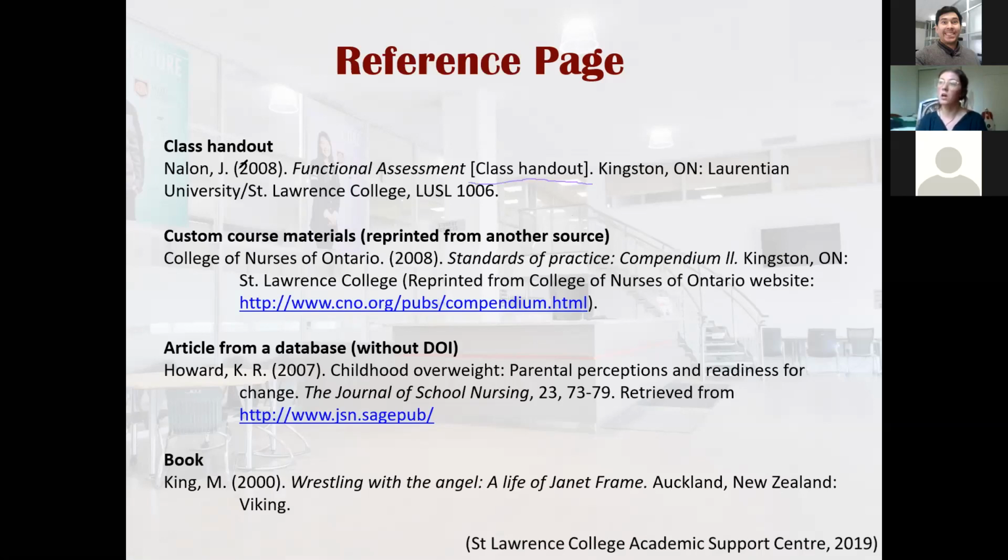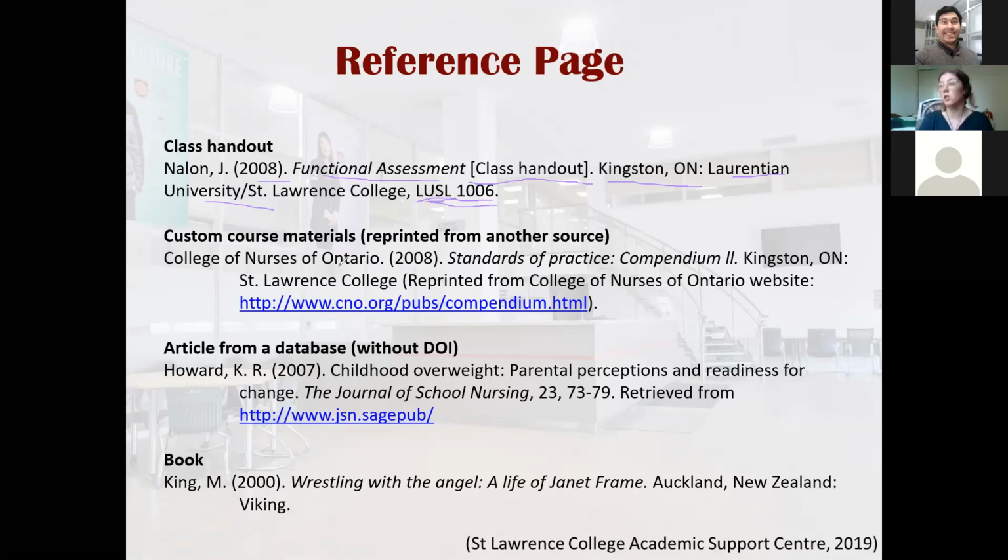So you still have the author, the date, the name of the document, and then you have the class handout. And for us, it would be Toronto, Ontario, Scarborough, Ontario, and then you would put Alpha International Academy, and then the name of the course, okay? That's the name of the course right there. So that would be for your class handout.